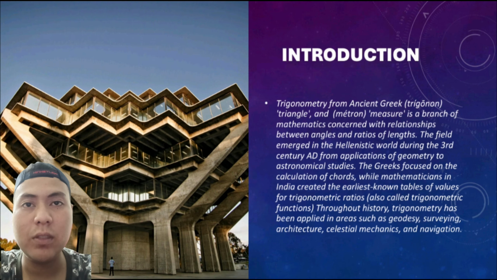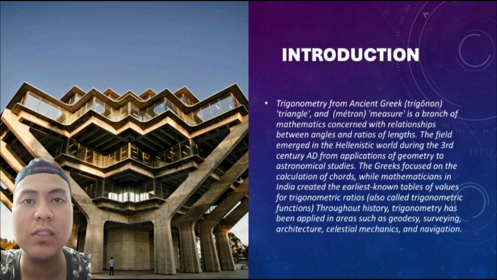Introduction. Trigonometry, from ancient Greek trigonon, triangle, and metron, measure, is a branch of mathematics concerned with relationships between angles and ratios of length. The field emerged in the Hellenistic world during the 3rd century AD from applications of geometry to astronomical studies.